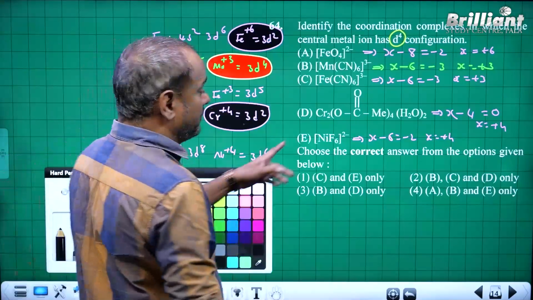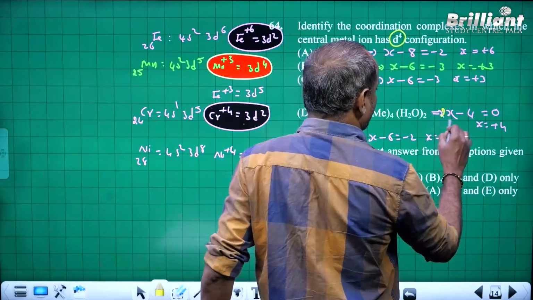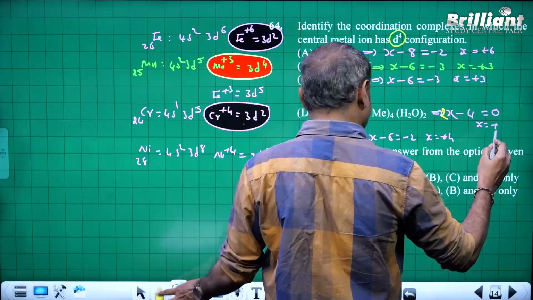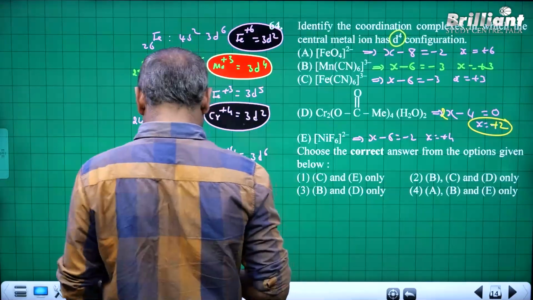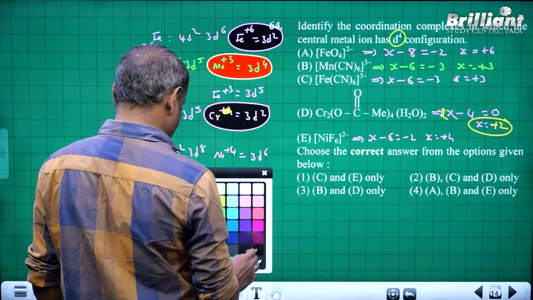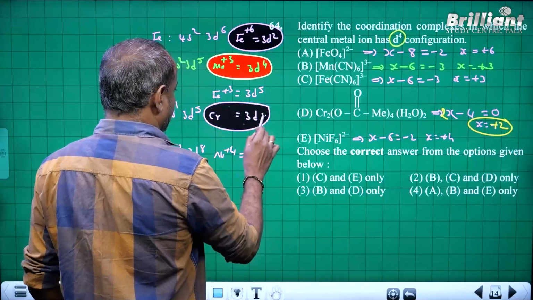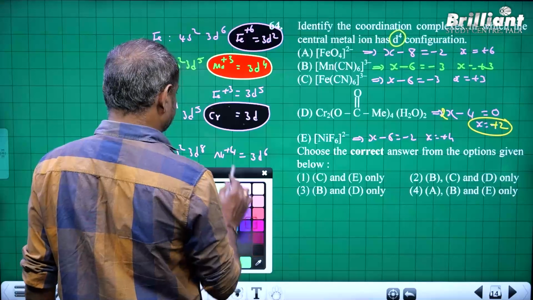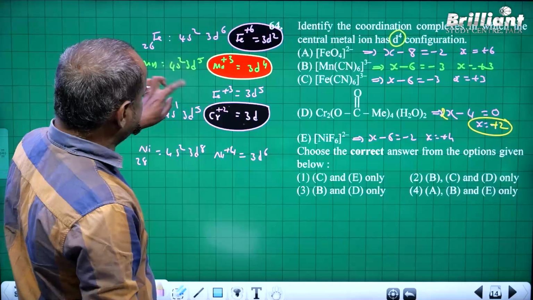Oh, sorry. Here chromium 2 is given, Cr2, plus 2 charge. Then chromium plus 2 charge only. Plus 2 means loss of 1 plus 1, 3d4.